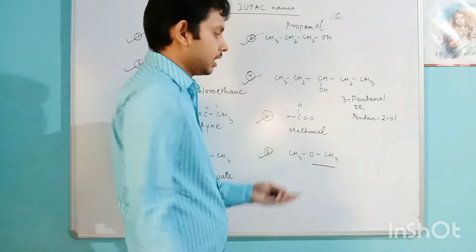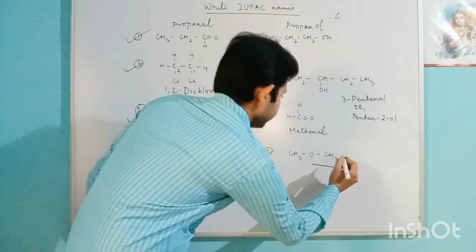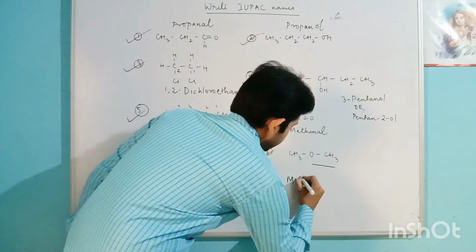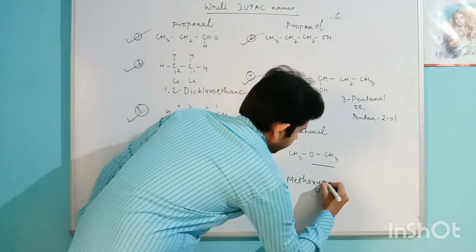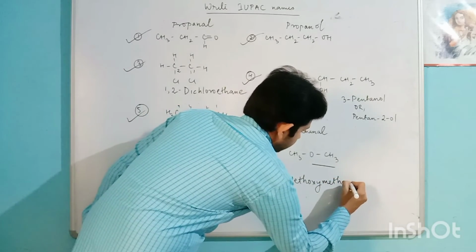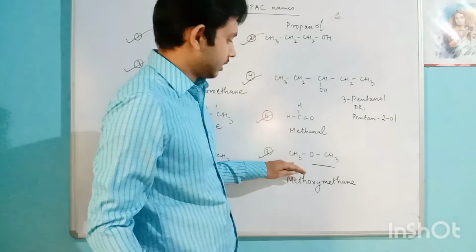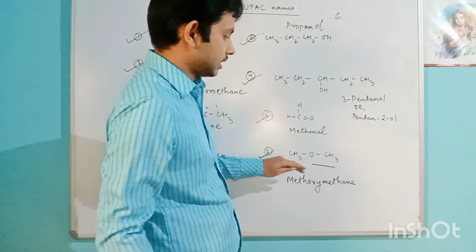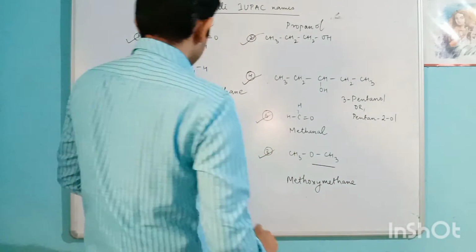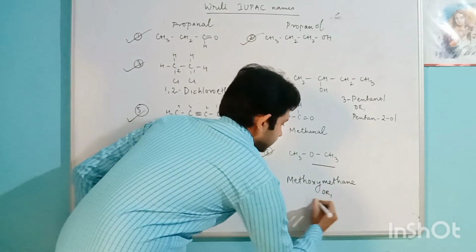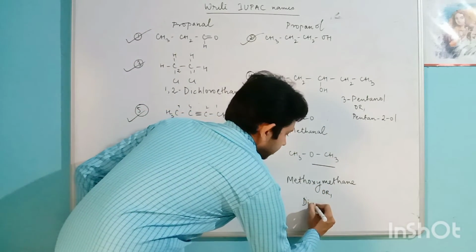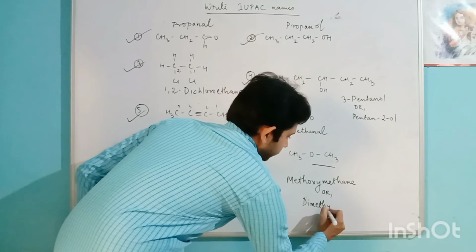If it was ethyl, ethoxy. Okay, so we write methoxy, 1 carbon, so methane. See, here we will not write methyl, methoxymethane. This is methoxymethane. Okay. This can also be written as dimethyl ether. This way also we can write.